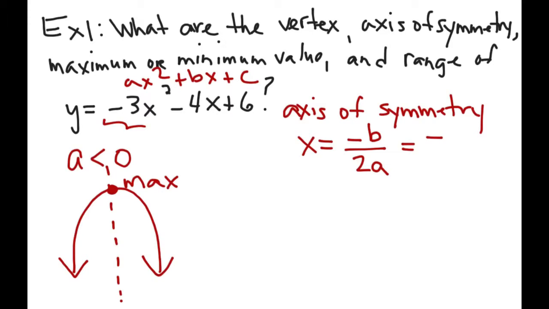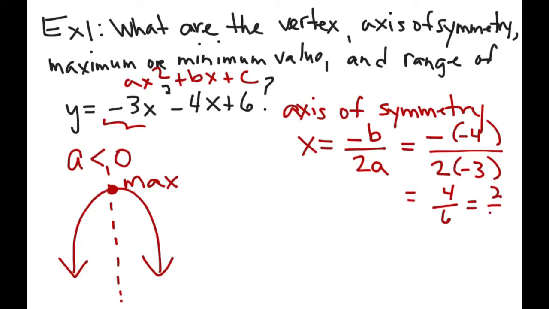So it's going to be the opposite of negative 4. Notice that there's minus a negative 4. Over 2 times a, which is negative 3. Well, I end up finding that that's 4 over 6, which is 2/3. Okay, so the x value of the vertex is at 2/3.